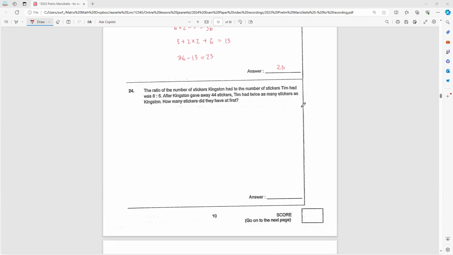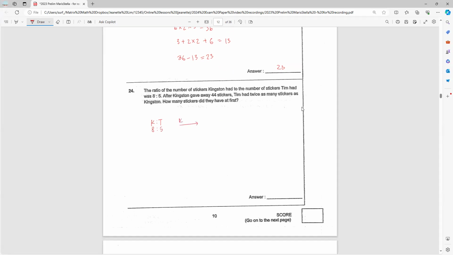The ratio of the number of stickers Kingston had to the number of stickers Tim had was 8:5. After Kingston gave away 44 stickers, Tim had twice as many stickers as Kingston. How many stickers did they have at first? Let's do before, change, after. So Kingston to Tim, 8:5.